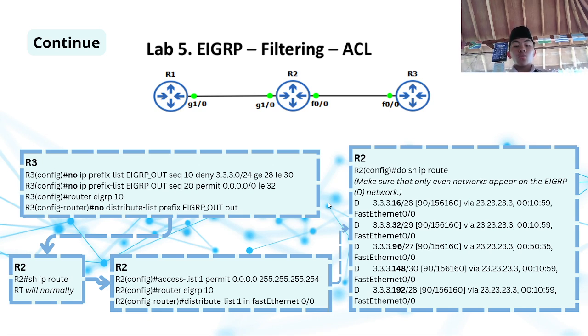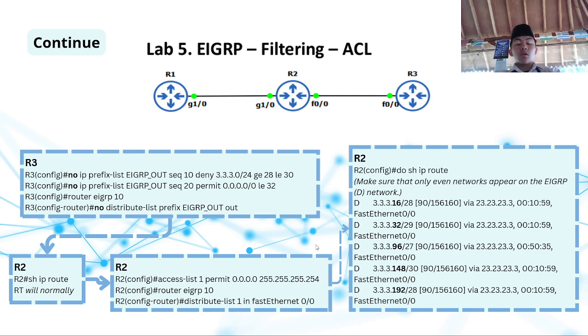On router 2 we create a standard access list: access-list 1 permit 0.0.0.0 with wildcard mask 255.255.255.254. Then you enter router EIGRP 10 and the command distribute-list 1 in FastEthernet 0/0. What does this mean?